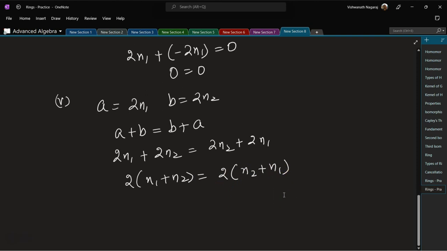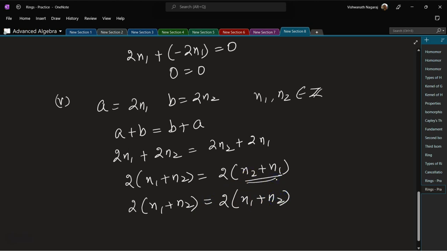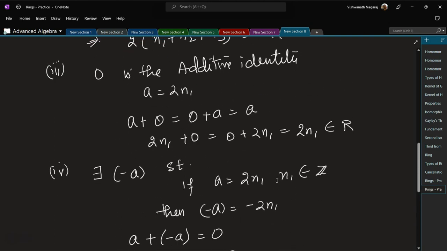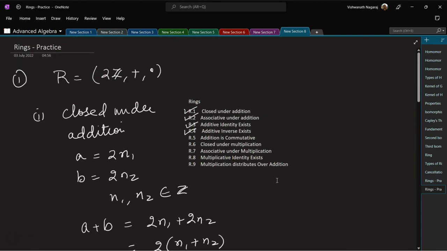And since n1 and n2 belong to Z, and we know integers are commutative, this can be written as 2(n1 plus n2) equal to 2(n2 plus n1) because the integers under addition are commutative. So addition is commutative.